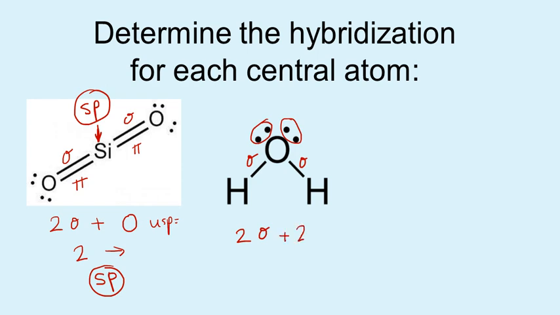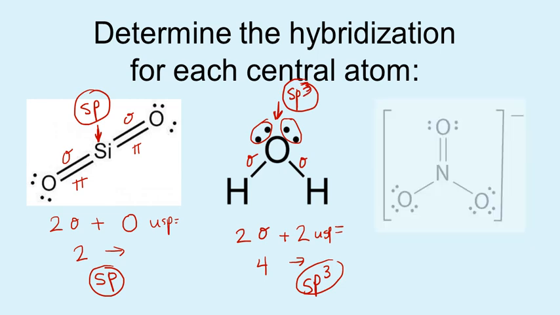And so we have 2 unshared pairs. 2 plus 2 is 4, and so that corresponds to a hybridization of sp3 from the chart we had on the previous slide. So that means that this oxygen atom is exhibiting sp3 hybridization. And so that's the answer for the second example, sp3. That's easy to see.